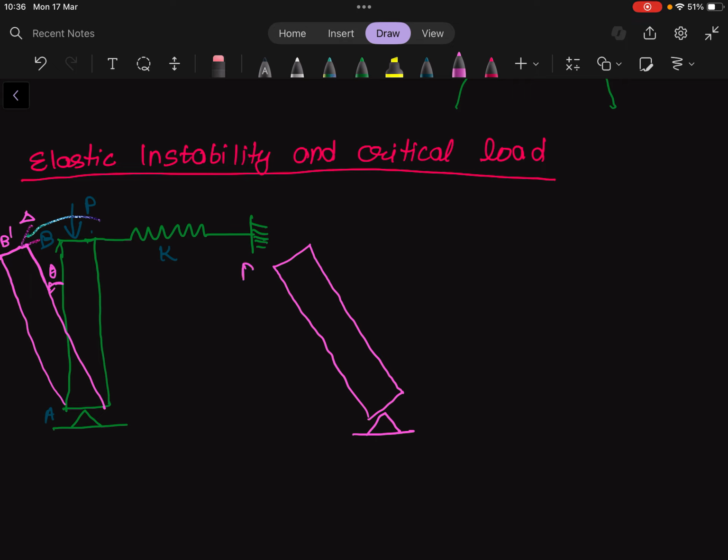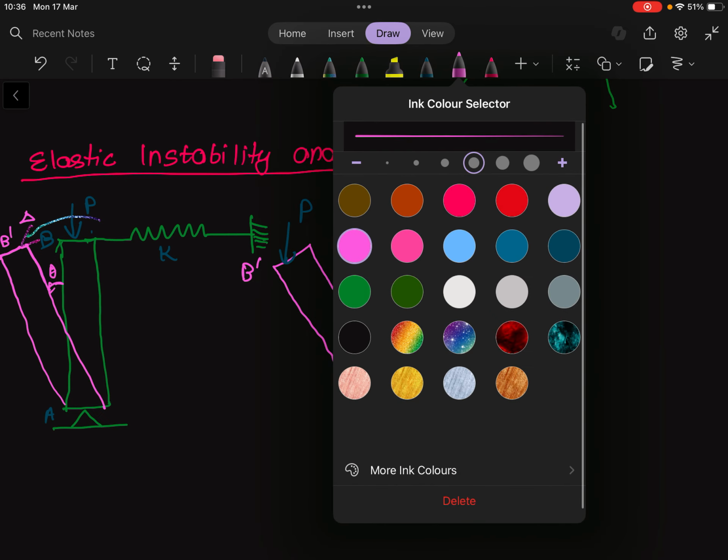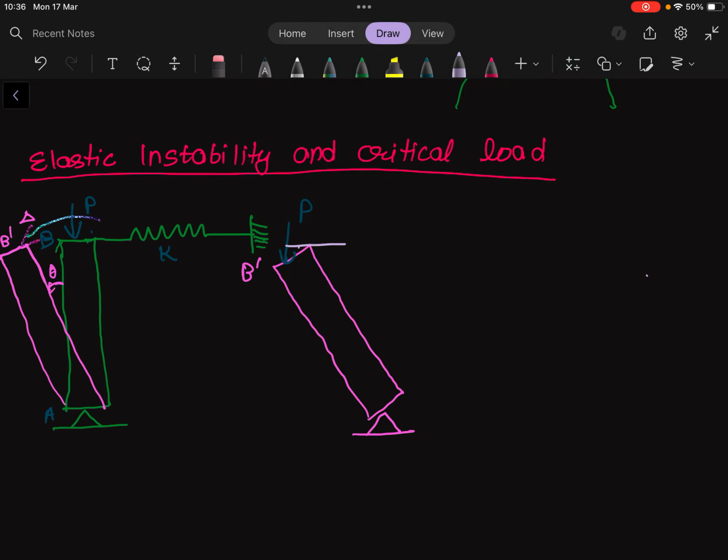So this is our B dash position, and it is subjected to the axial loading P, and it is moved by some delta distance from its initial position.